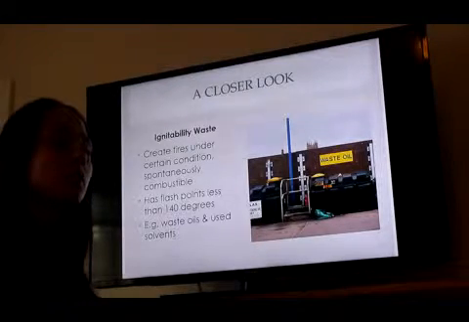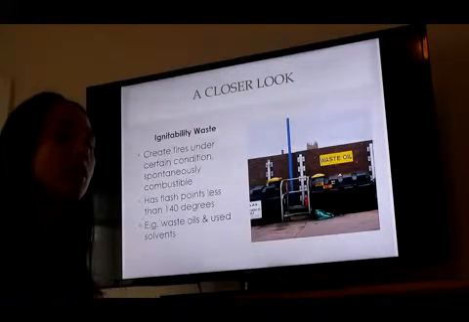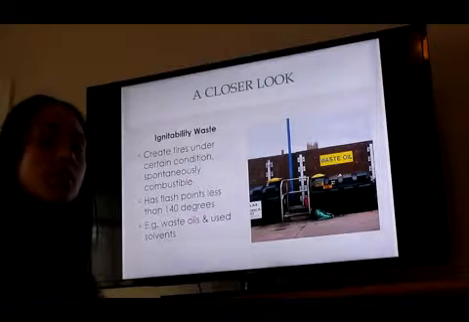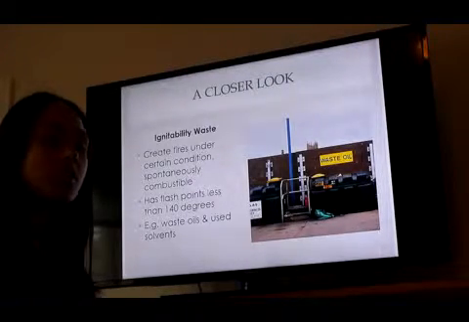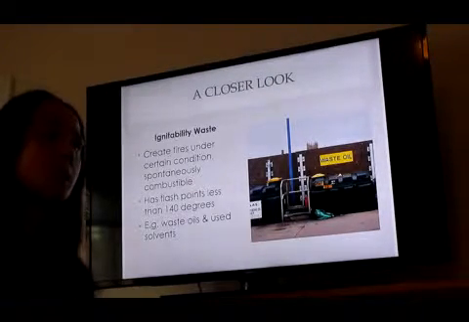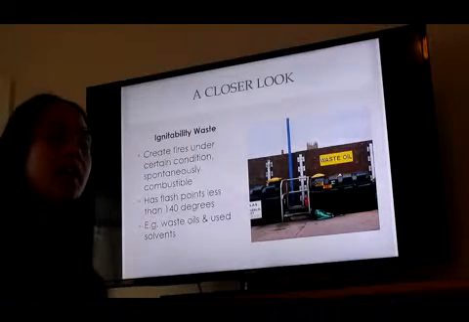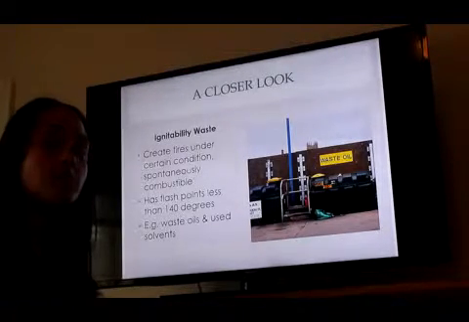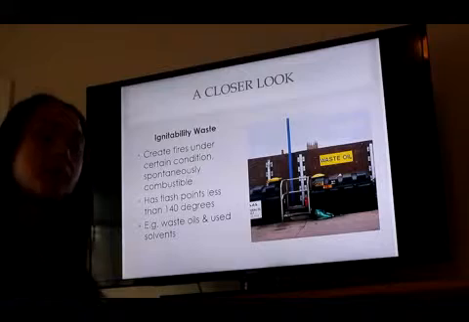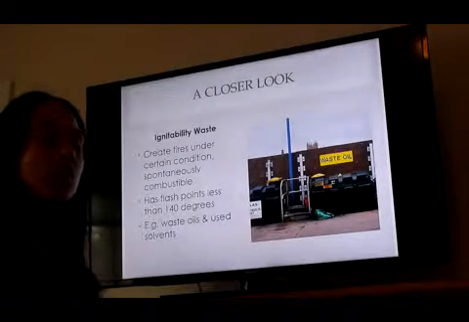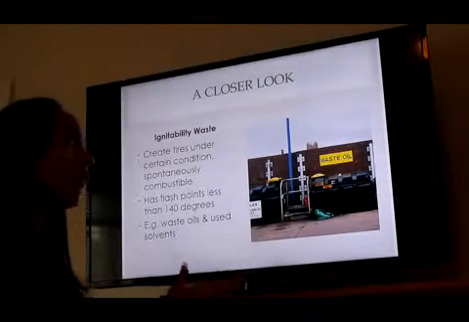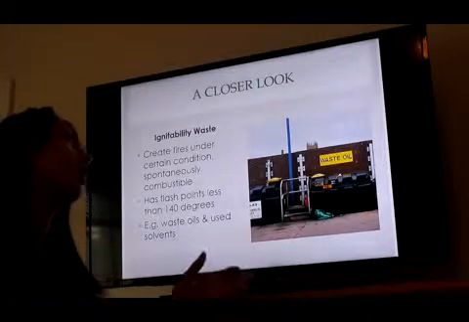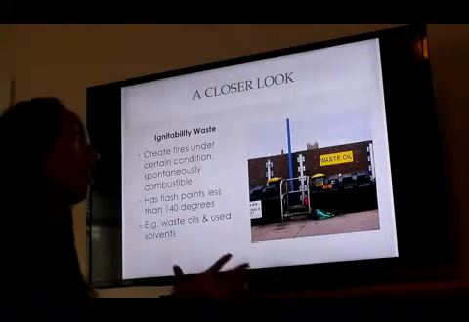Let's take a closer look at what kinds of waste there are. Ignitable waste creates fire under certain conditions, or is spontaneously combustible. It has a flash point less than 140 degrees, and an example is waste oils and used solvents. And in this picture I have an example of some disposal areas for waste oil.